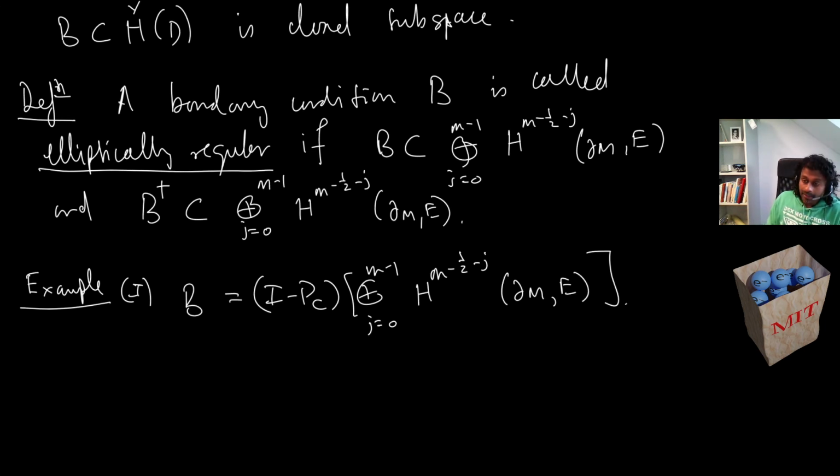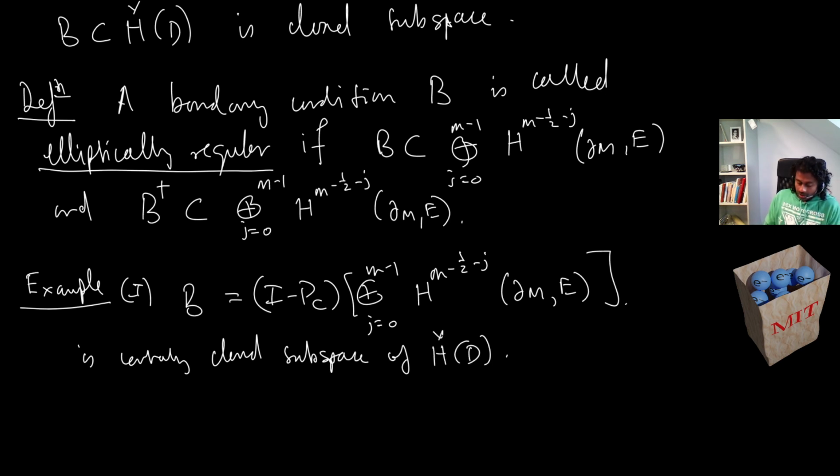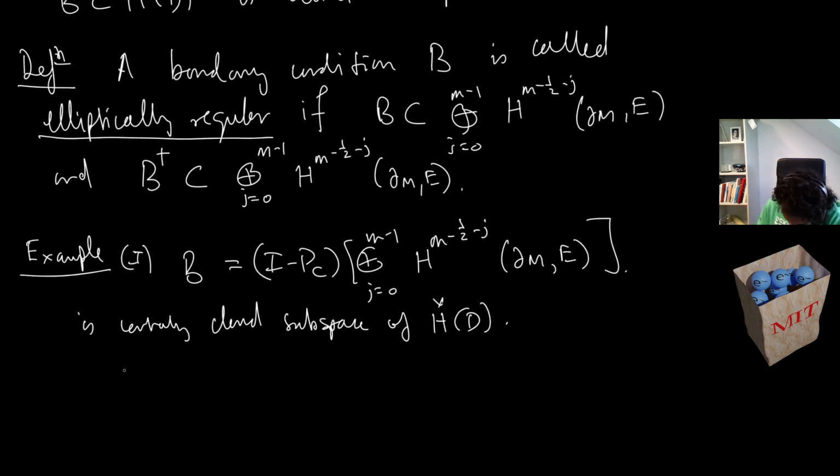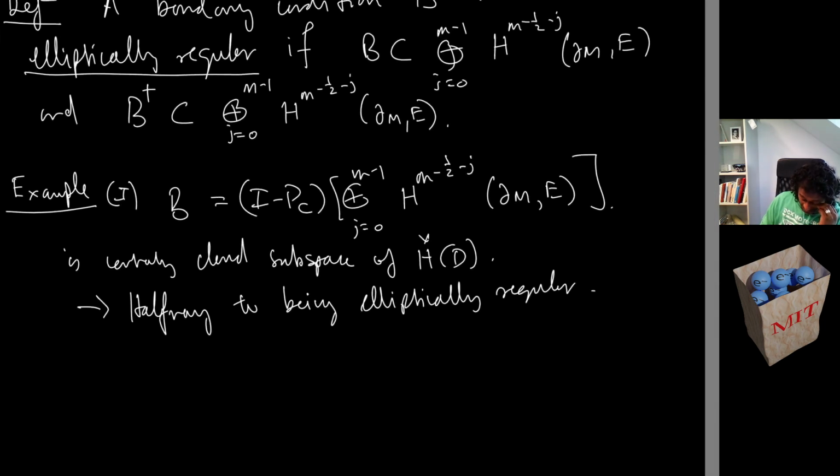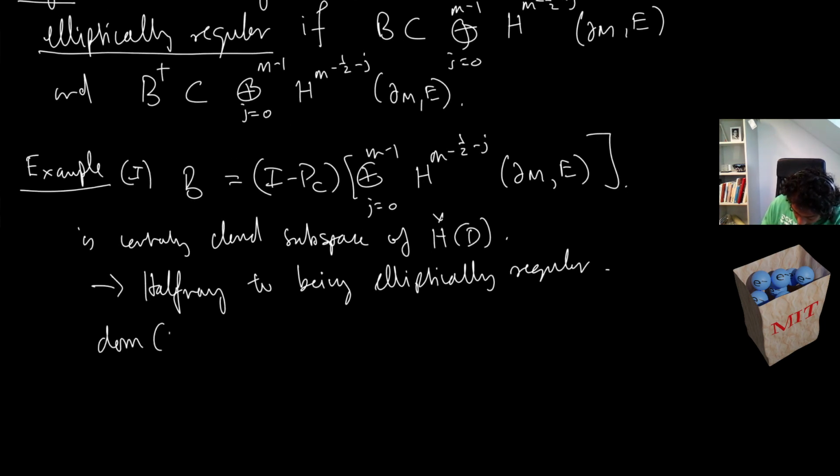So this is certainly now a closed subspace of the check space. So this is halfway to being elliptically regular. So if we look at the domain of this operator, certainly we will have that this has elliptic regularity.